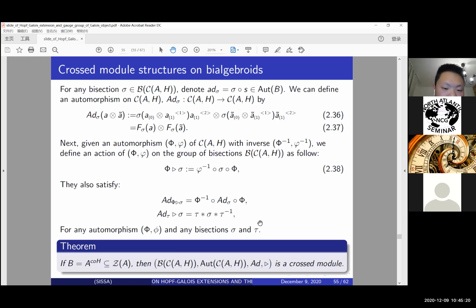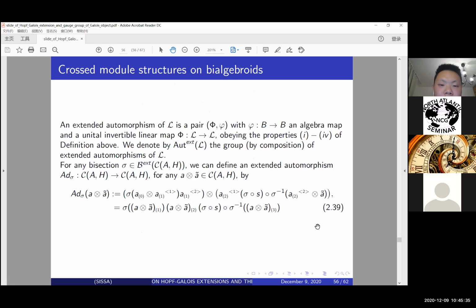So again, if B belongs to the center of the total space, then the data of the group of bisections and the group of automorphisms is a crossed module. There is also a similar story for the extended automorphisms and extended bisections.